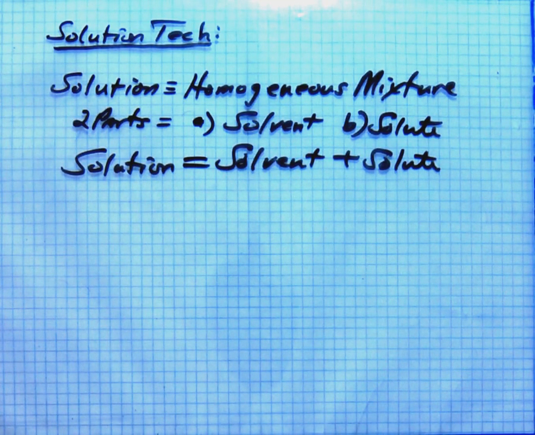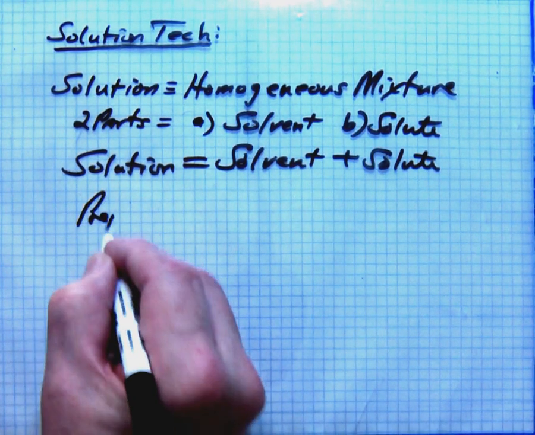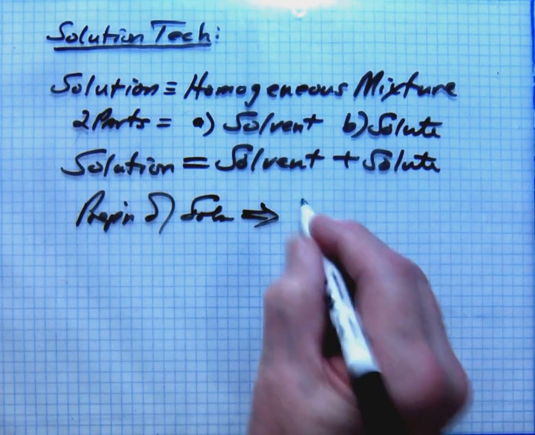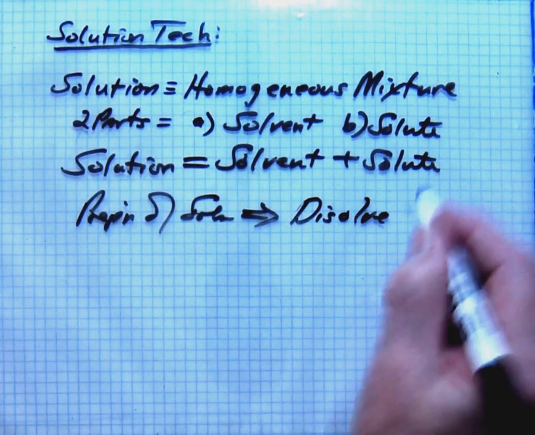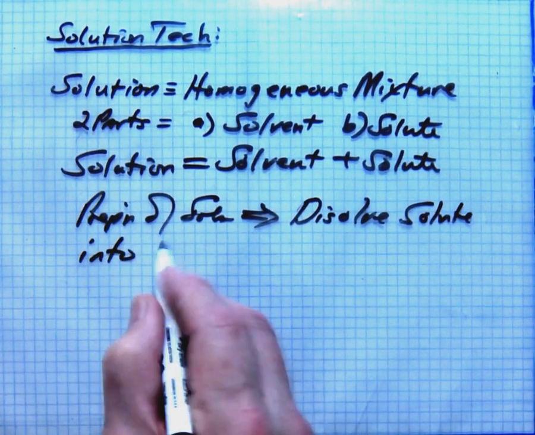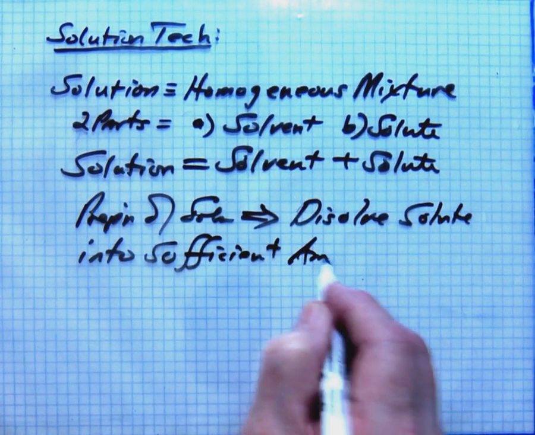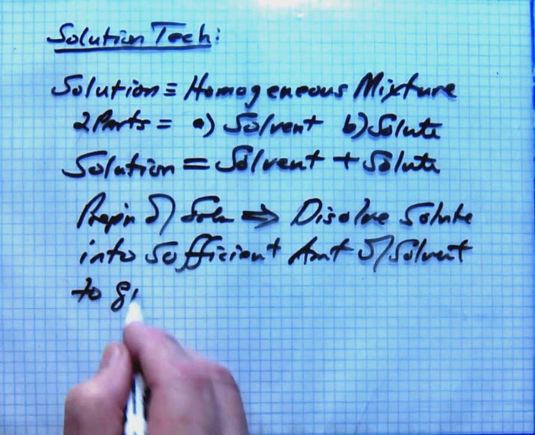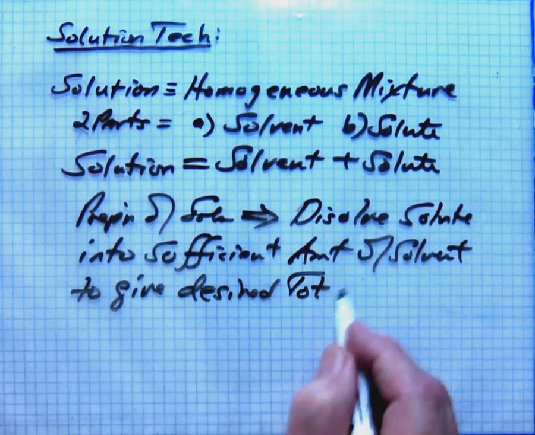All right? Now, the method of making solutions by definition is: dissolve solute into a sufficient amount of solvent to give a desired total volume.